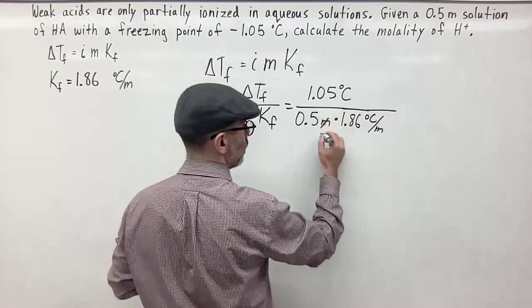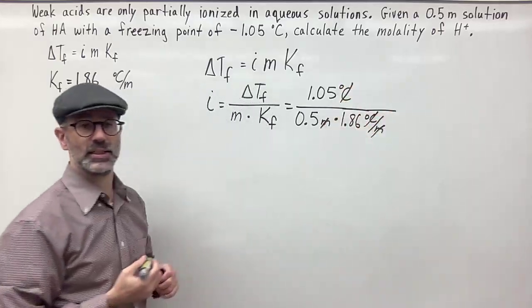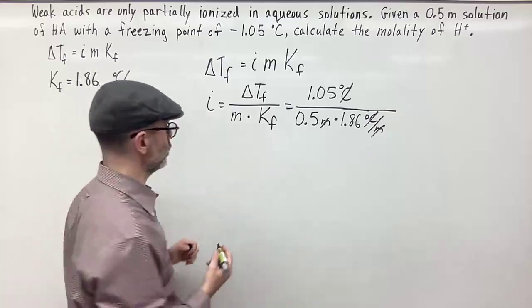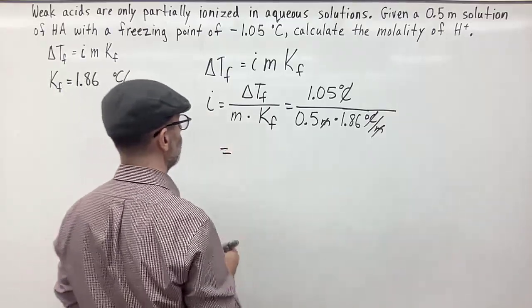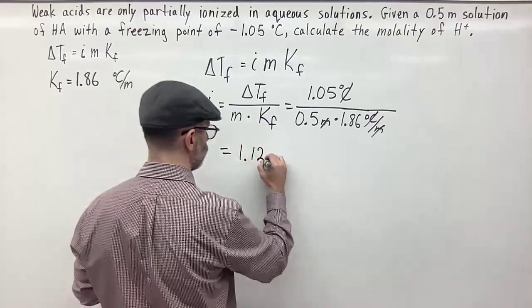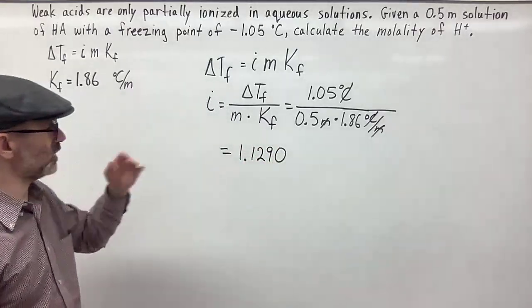So here the molals cancel out, the degrees Celsius cancel out, so we have a unitless number, which is what we would expect for our Van 't Hoff factor. And when we calculate this, we get 1.129. So what does this mean?